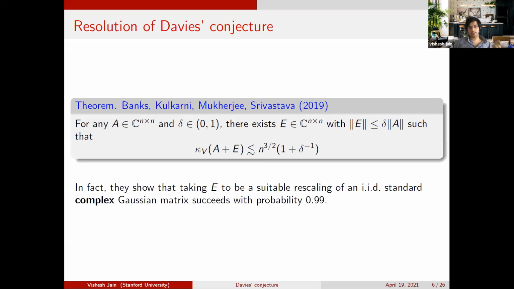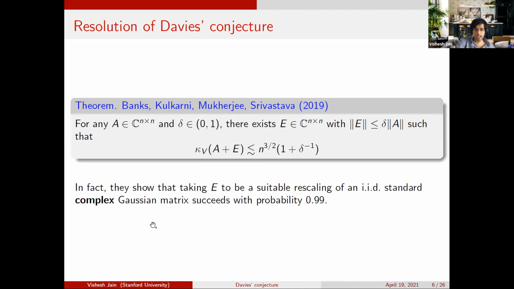And again, you might say, well, this is all very well. You tell me there exists some E of relative size delta, which has a small eigenvector condition number. But what good is it for me if I cannot find such an E, right? So they actually go one step further, and they tell you not only does such an E exist, but if you take E to be the appropriate scaling of an IID complex Gaussian matrix, then this is going to work with probability 99%, right?